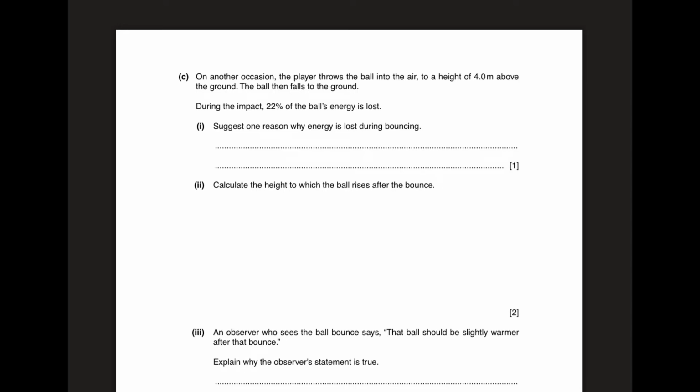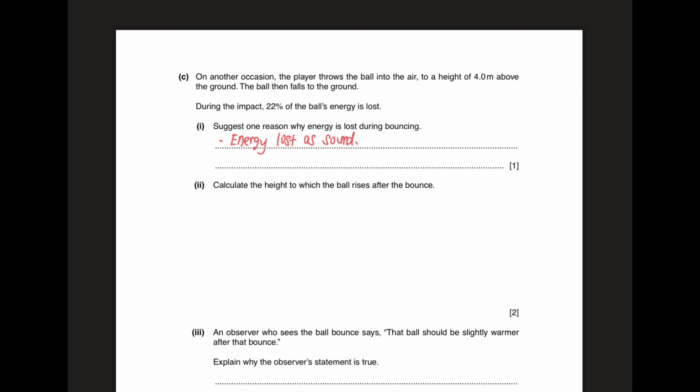Okay, so that is one of the possible answers, which is easier to take. Okay, sound. What about heat energy, sir? Heat can also, heat is another answer. So energy lost as sound.